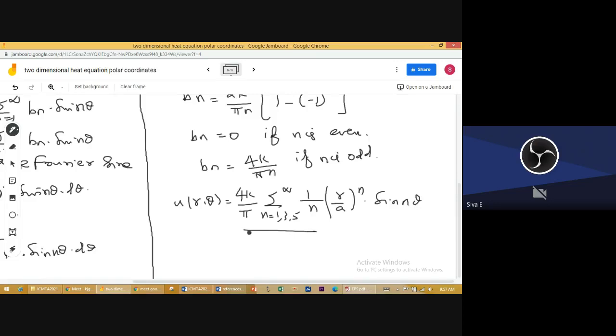Yeah, I'm writing that solution here directly, but you have to substitute the value and then write r by a whole power n. Then you have to show how it comes. Right.